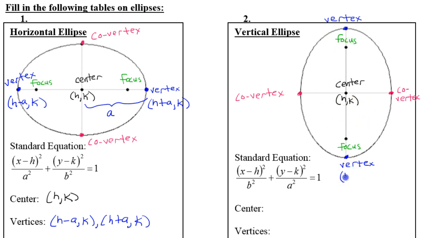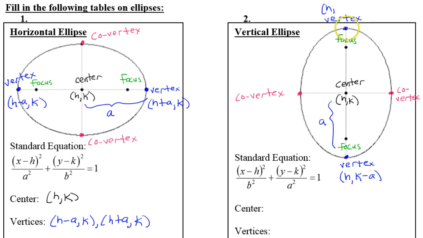So the x coordinate of this vertex should be h. The thing that's changing is the y coordinate. Again, this distance right here is a. So I'm going a down. So this should be k minus a.